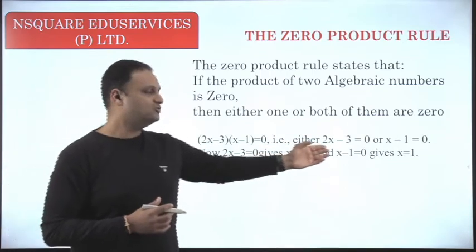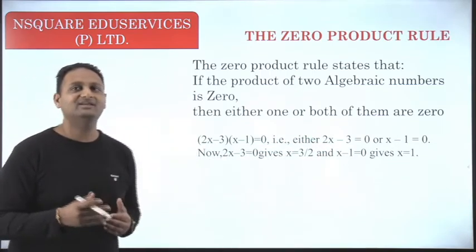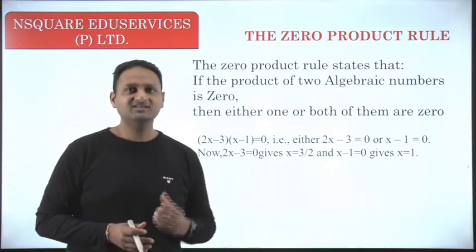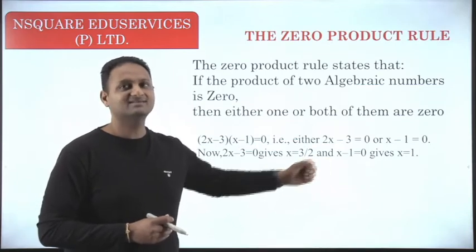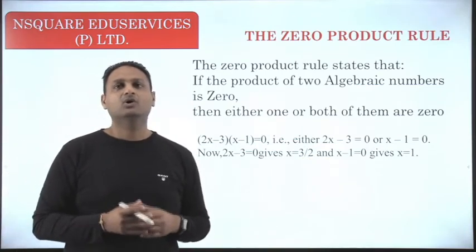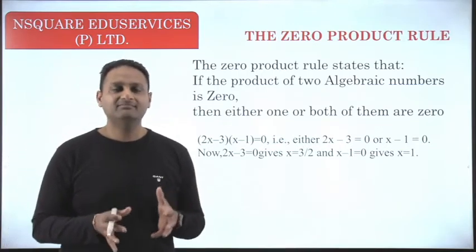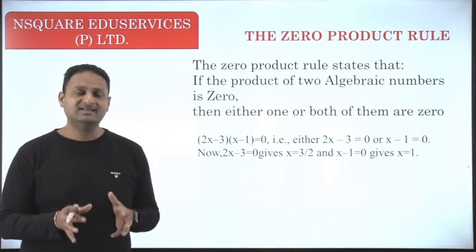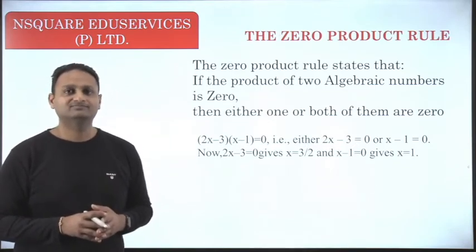So now we get two linear equations, 2x - 3 = 0 and x - 1 = 0. Solving these two equations, we get x = 3/2 and x = 1. So this is how we can solve almost all quadratic equations by breaking them into their linear factors, and then using the zero product rule.